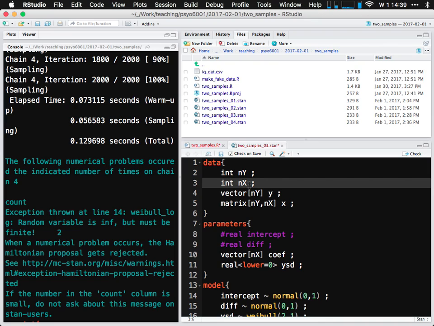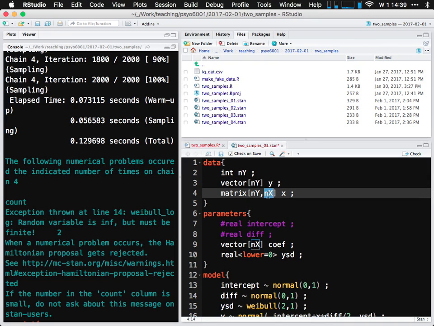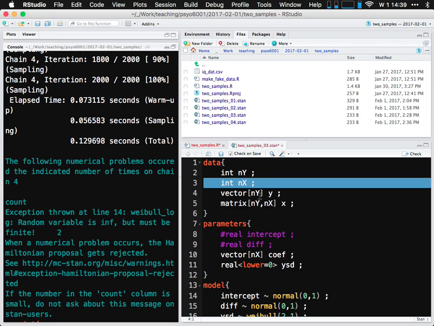I could have just put 2 there. I wanted to make what we're about to create flexible for later models when we have more than 2 columns in the model matrix. We're going to have other predictors in the model. So we're going to pass it a value for nx that is equal to 2 in this case. In later cases, we may pass it 3 or 4.